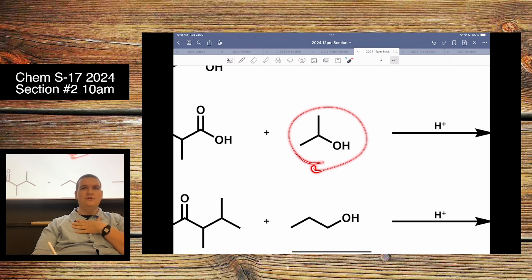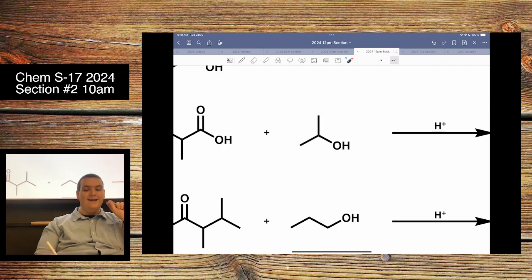Primary, secondary, or tertiary? Let's break it down. We look at the carbon. How many other carbons is this carbon connected to? 2. So this is a secondary alcohol.